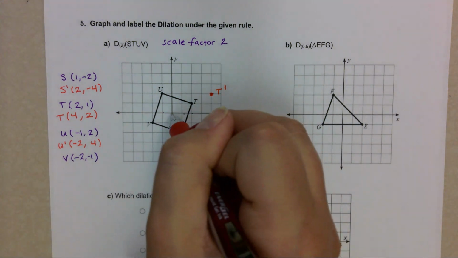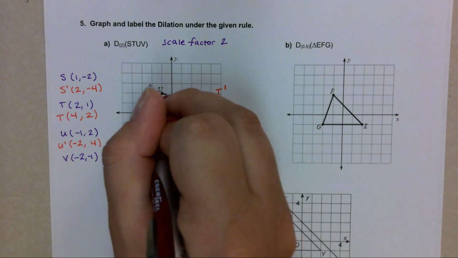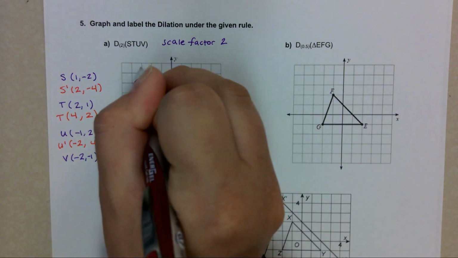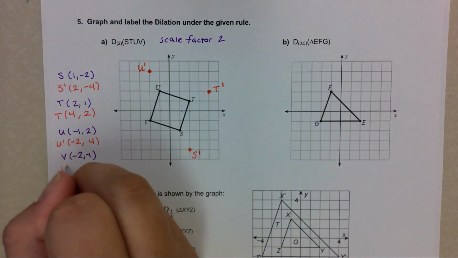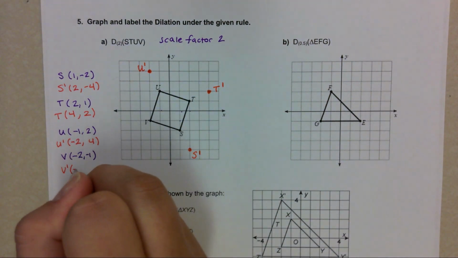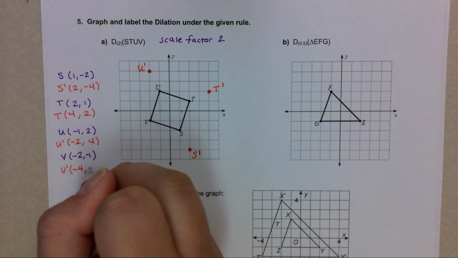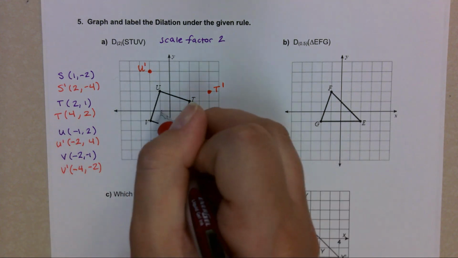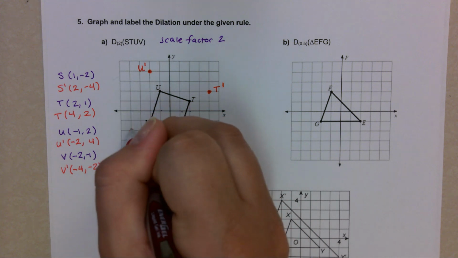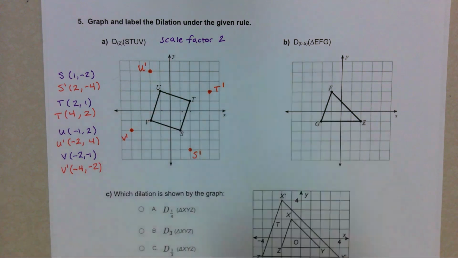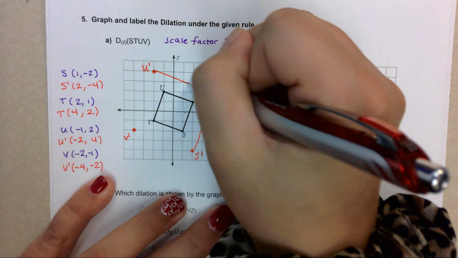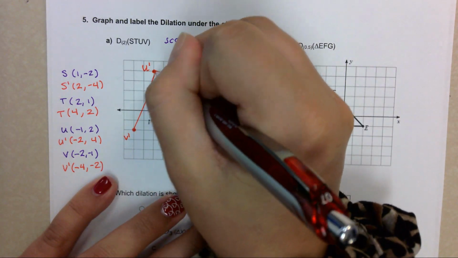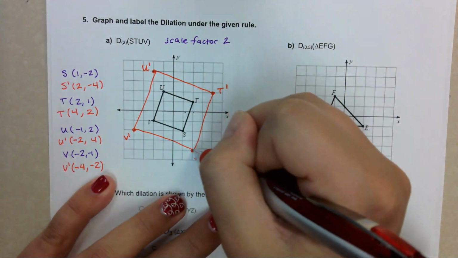So I'm going to graph -2, 4, and label it U prime. And V prime is going to be -2 times 2, which is -4, and -1 times 2, which is -2. Okay. And now I'm going to graph this quadrilateral. Should be twice as big.